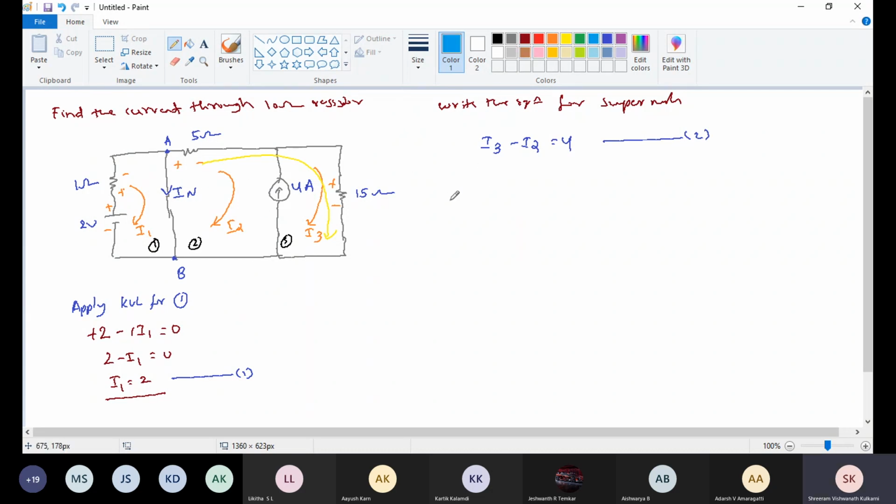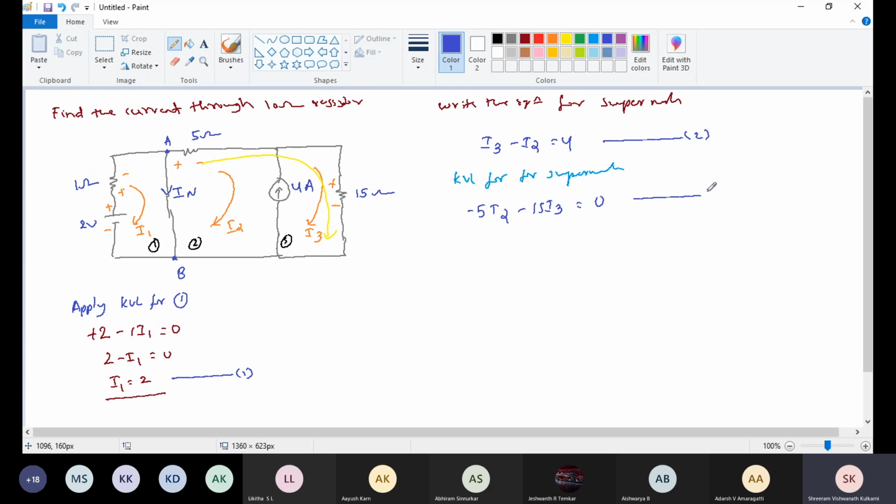Minus 5 I2 minus 15 I3 equals 0. KVL for the super mesh gives minus 5 I2 minus 15 I3 equals 0.